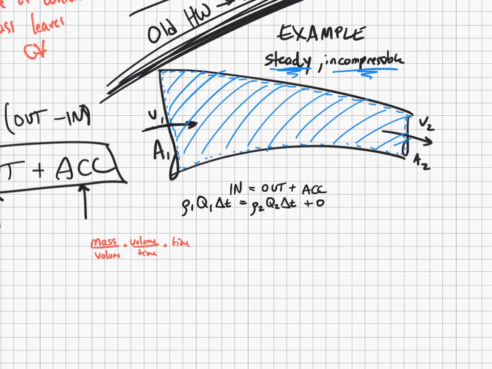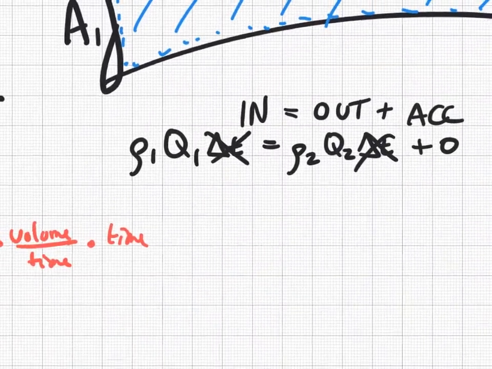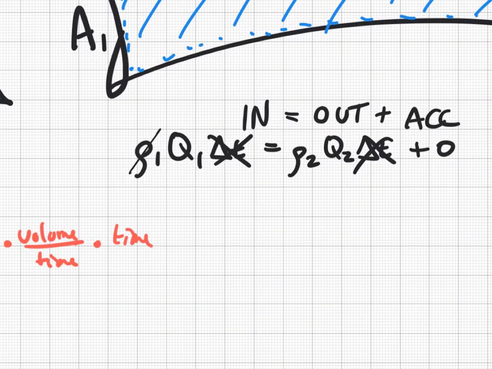All right, now we're pretty much in good shape. Because the delta T is the same for both sides, it goes away when we do some algebra. We said this is incompressible, so rho 1 equals rho 2, which means these are algebraically the same and can cancel.